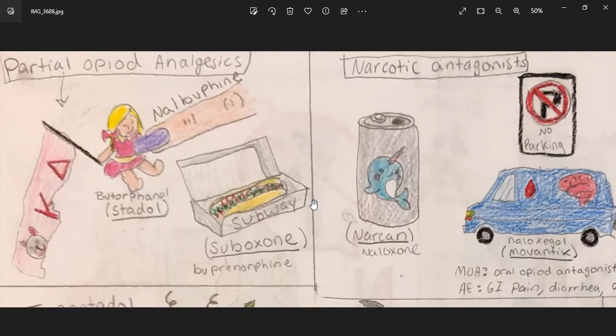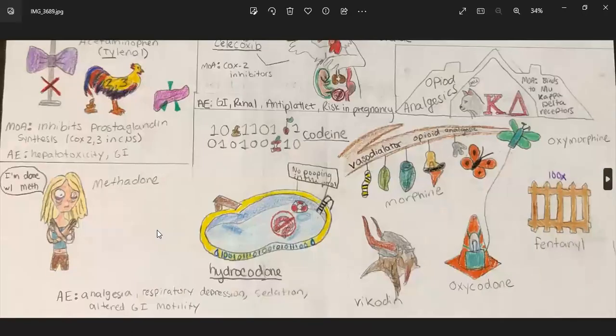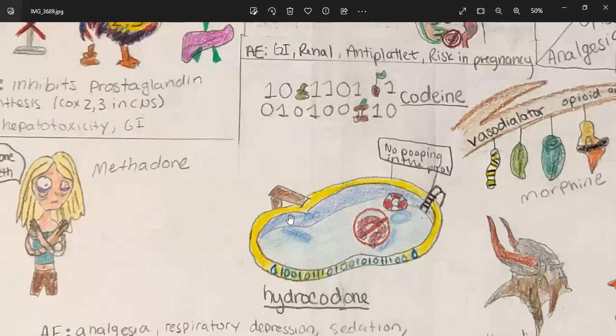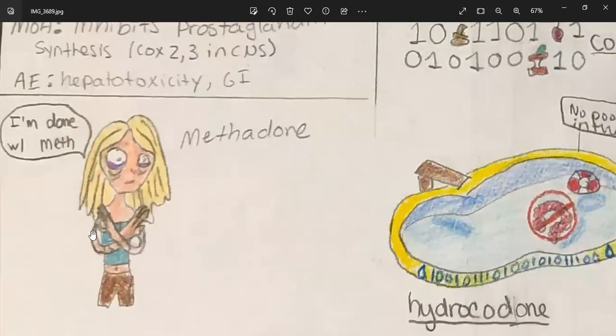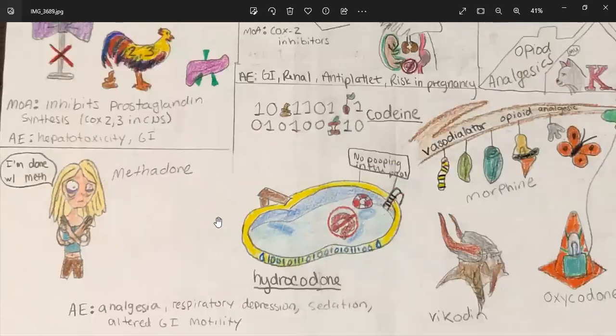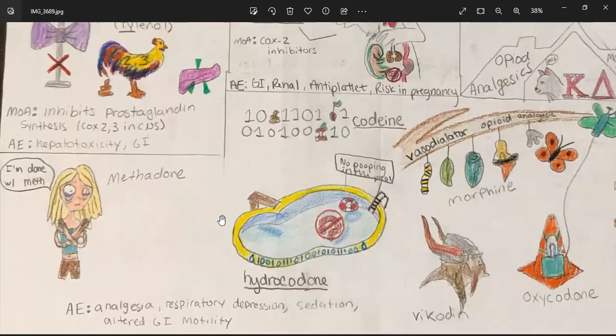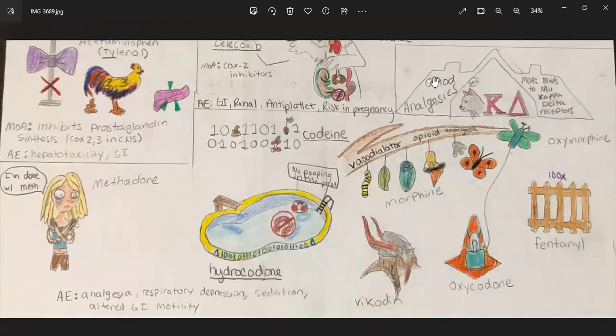And its adverse effects are also headache, insomnia, and withdrawal syndrome. We have methadone, which is shown here as this lady who's like, I'm done with methadone. And this was part of our opioid analgesics.